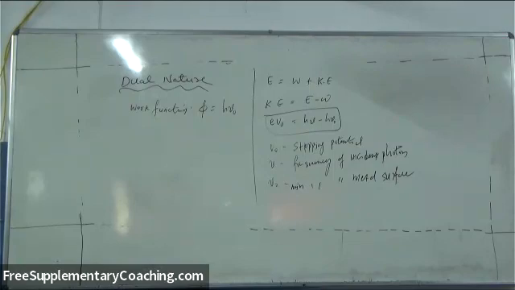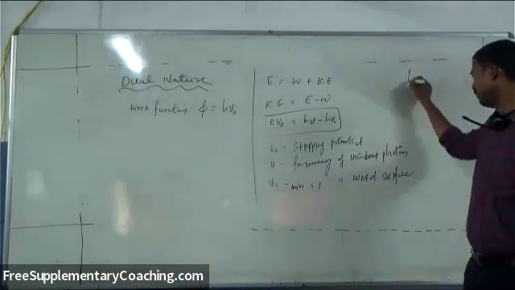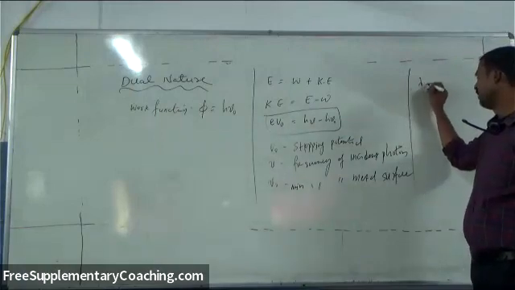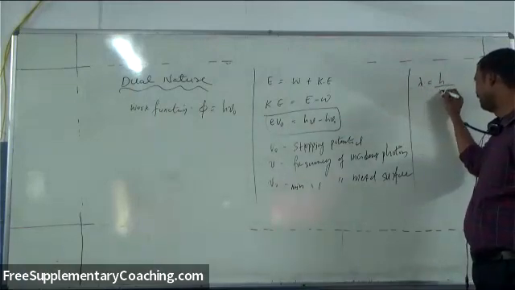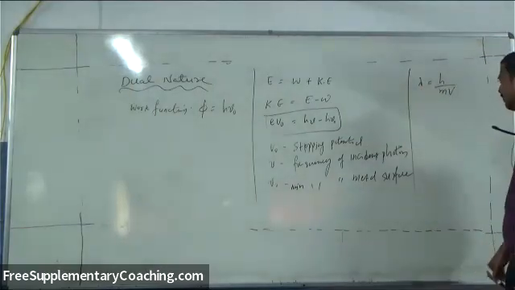Write down the de Broglie relation and explain the terms. De Broglie relation is what? Wavelength lambda is equal to h by p, that is h by mv.